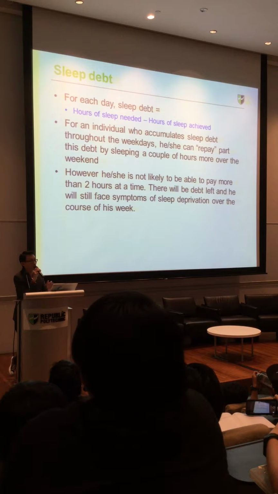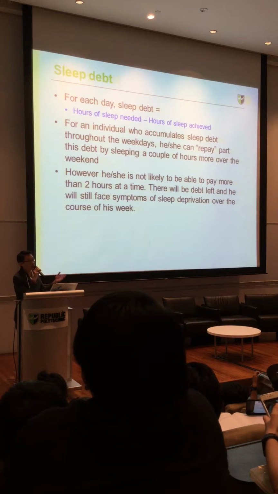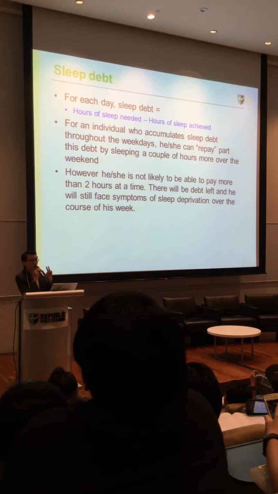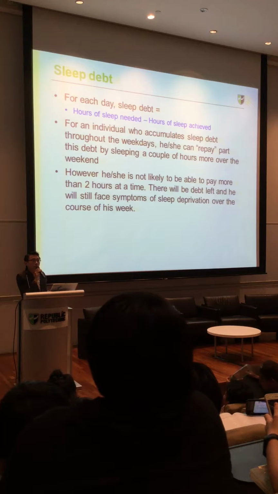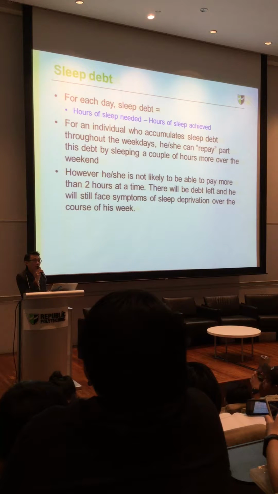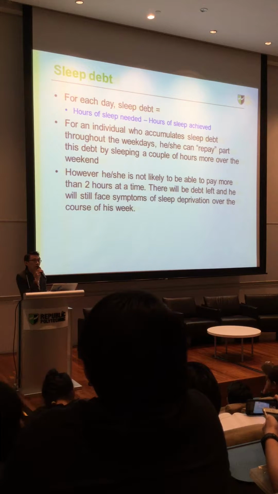Which means the next day you have to sleep more hours. Let's say you sleep another 3 hours, but you still owe 2. Each day you can only clear 2 hours of sleep debt. Does it make sense at all? Anybody needs clarification on this 2 hours? How you clear? Yes, no.